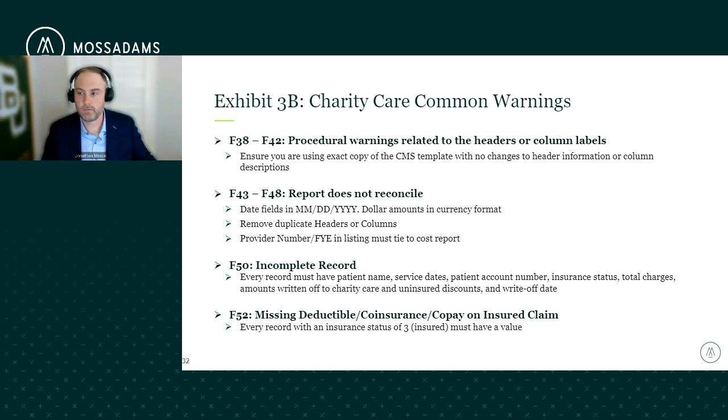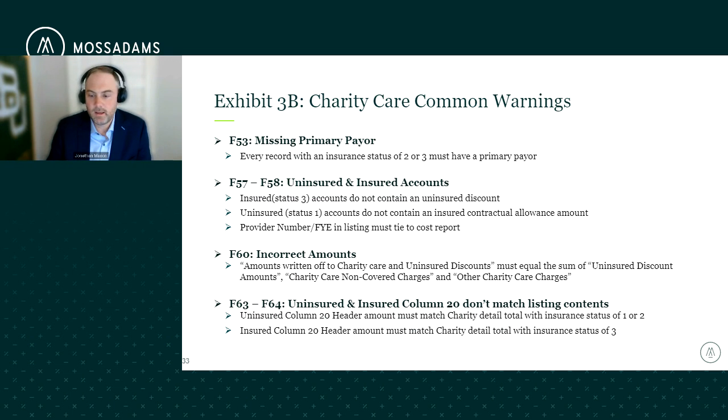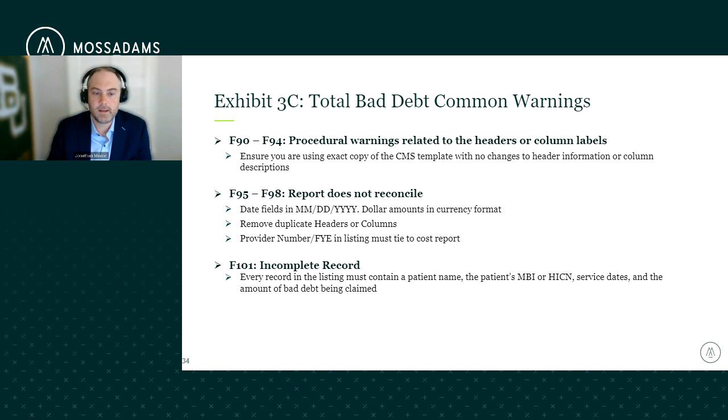It may not be an MCRF warning to not have that in there. But when talking to the MAC, if they're wanting that information and requiring it if that's available, you still need to make sure you're filling out these templates even more than just what these warnings or these flags come up. And in the same way, total bad debt is a lot of the same information, bad debt write-off.